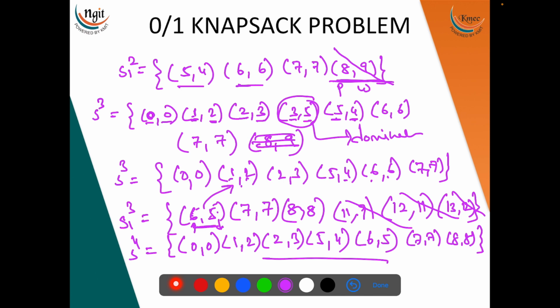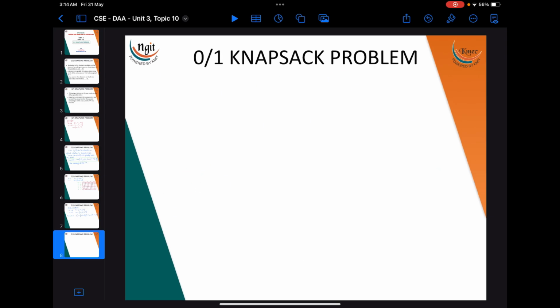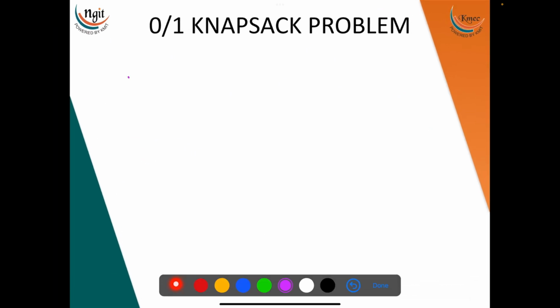set. Once you have the last set, now you should know which items are going to be placed in the container. That is the maximum profit you gain from the last set. That means 8 comma 8 belongs to S4, but the 8 comma 8 pair you cannot see in S3.